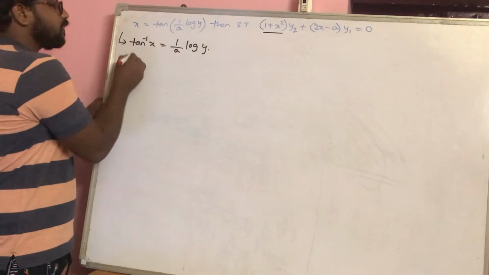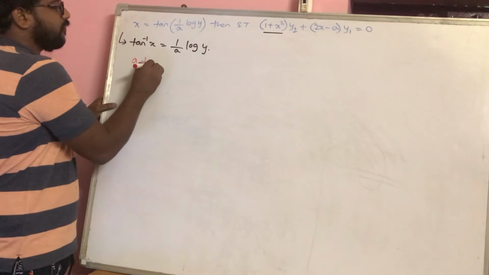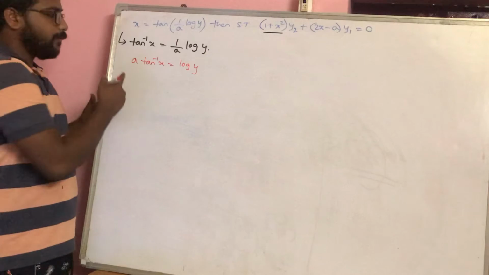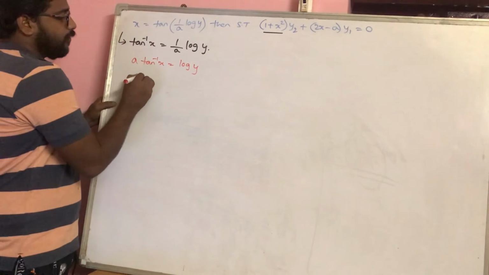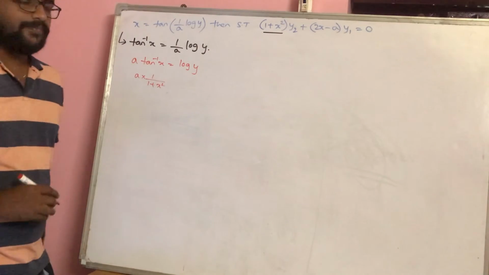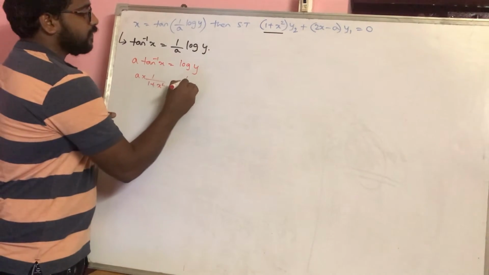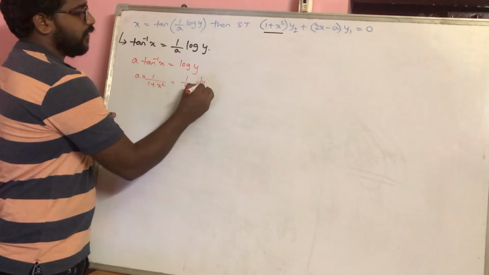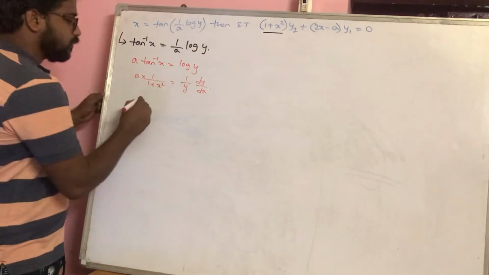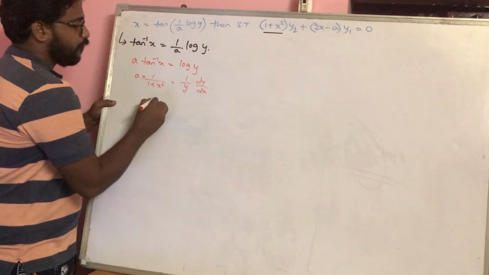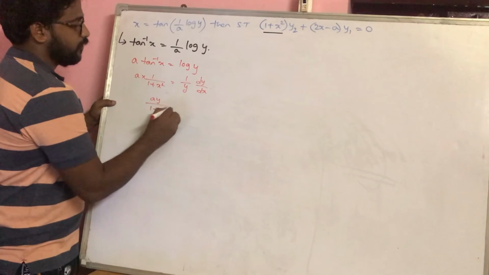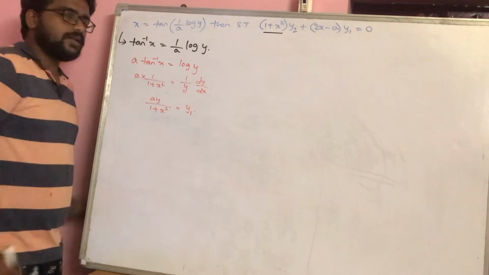I will bring this a also to the left side, because a is anyway constant, so it is equal to log y. Now apply the differentiation. A into the differentiation of tan inverse x, which is 1 by 1 plus x square, is equal to the differentiation of the log function, which is 1 by y into dy by dx, right? So from this you get a by 1 plus x square is equal to y1 by y.